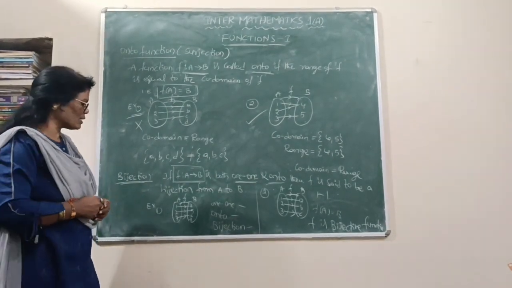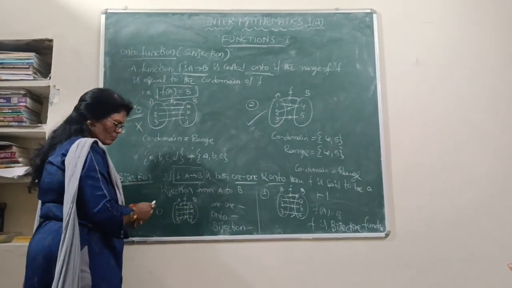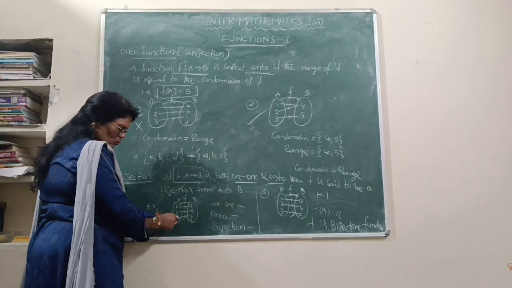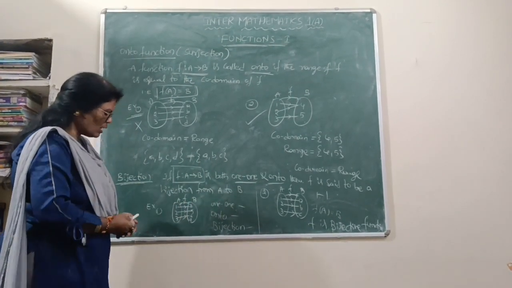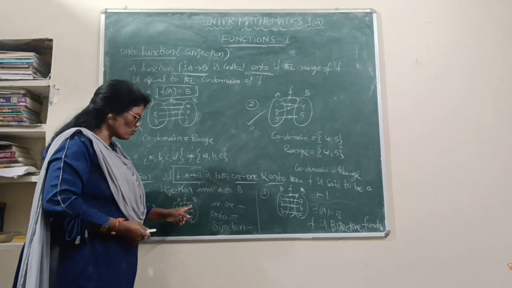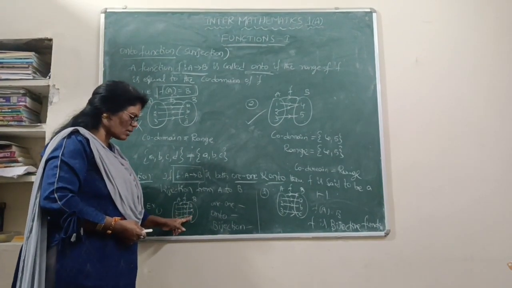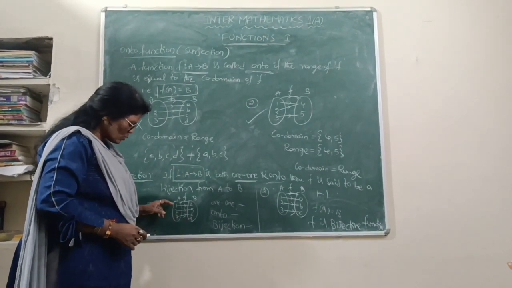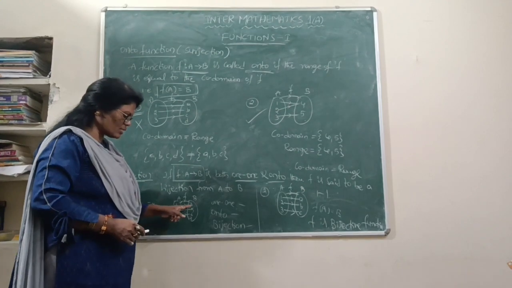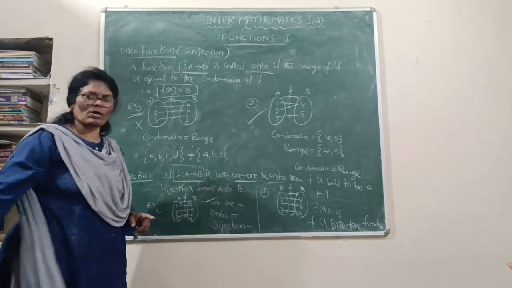With an example we'll discuss. Here I am taking f from A to B. A contains 1, 2, 3 and B contains 4, 5, 6, 7. Here the image of 1 is 4, image of 2 is 5, image of 3 is 6, and 7 you should leave. Every element has distinct images, so we can say it is a one-to-one function.